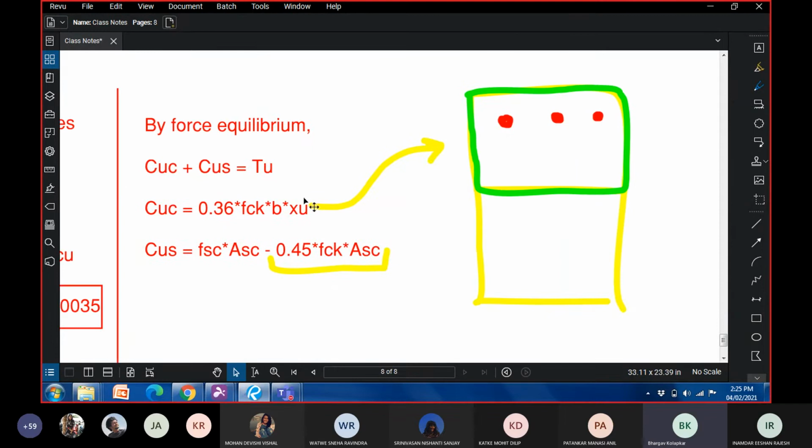But since we do not want to complicate the formula, we just kept it as it is. Let's say 0.36 FCK BXU. Do you understand this? Then let's go on to the next step.